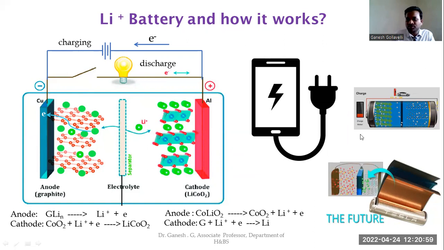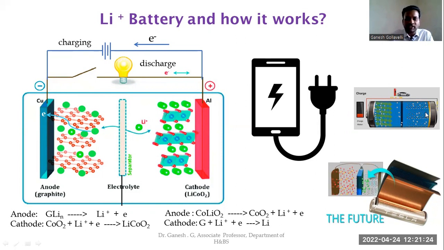So here are the typical cartoons. We show an example of lithium ion batteries. We mostly use them in modern electric vehicles, so-called Tesla. So here this is an anode and this is a cathode. This is a separator. Here the lithium ions are moving in between these two.